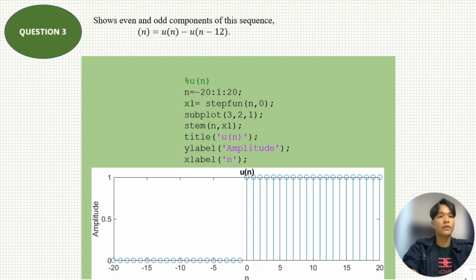Next we use stem and x1 because it is a discrete time signal. If it were a continuous time signal, we should use plot instead of stem. Next are the title, the y label on the y-axis, and the x label on the x-axis.